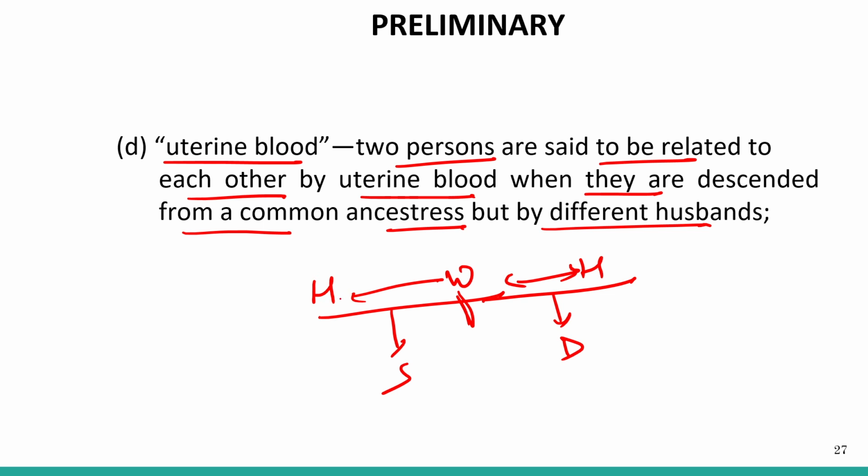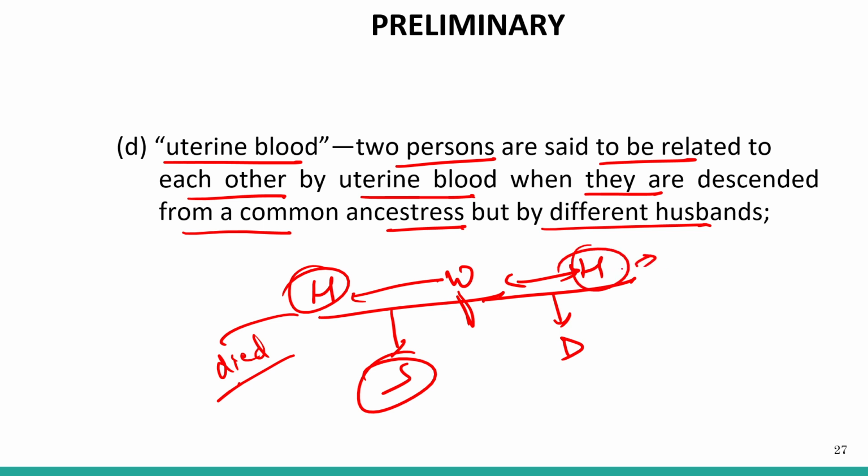This is perhaps possible. Why? Let's take the example: the husband died. After his death, the wife married again to this person. Let's call them H1 and H2. Now, from this husband, this wife had another daughter.